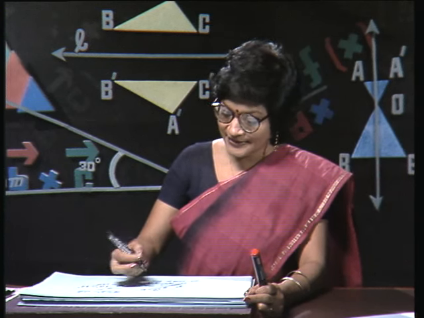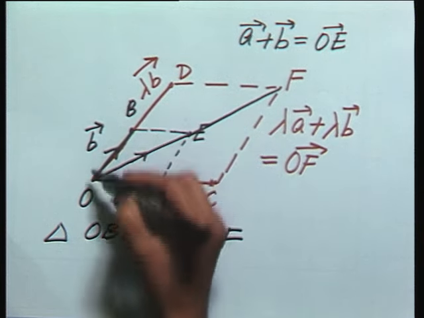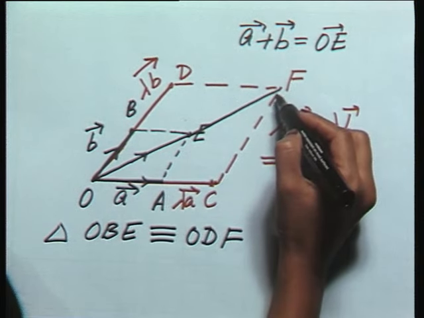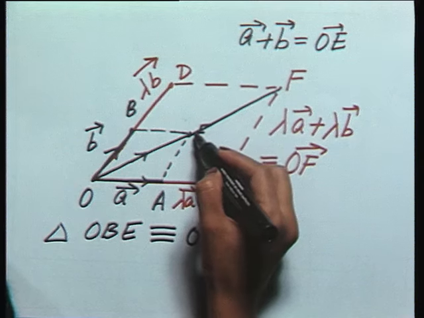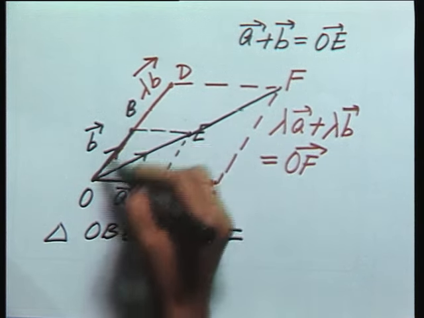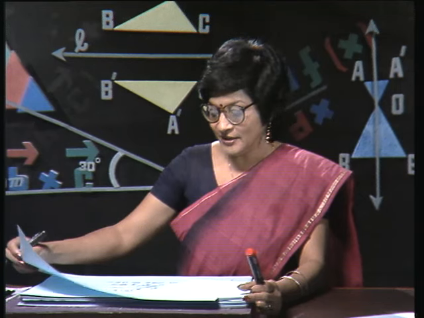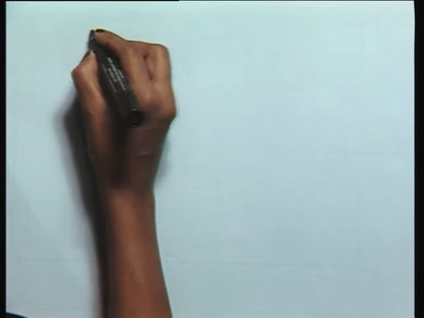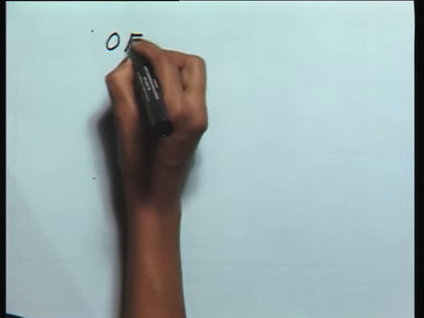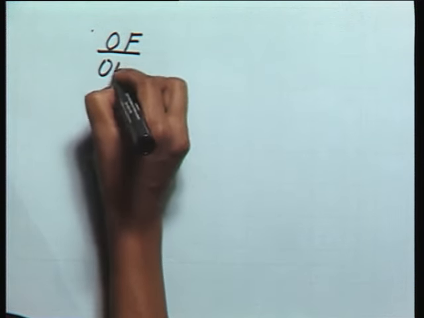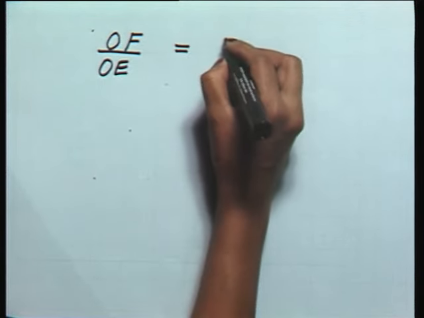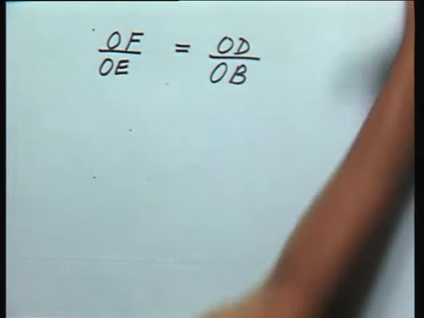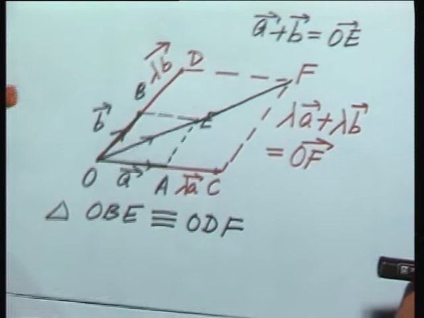In other words, OB by OD will have to be equal to OE by OF, or the other way around, OF by OE must be equal to OD by OB. Let us write that on the next page. OF by OE is equal to OD by OB. Can you see that? Just look back at the diagram.